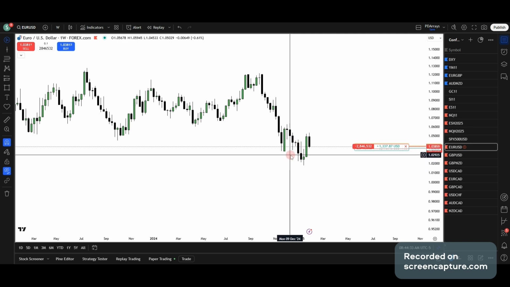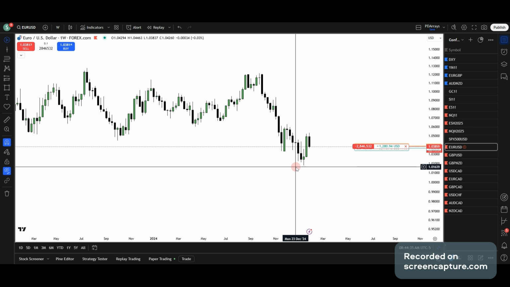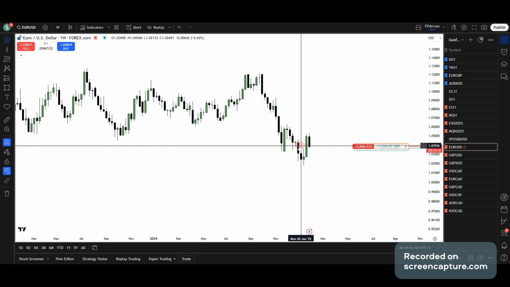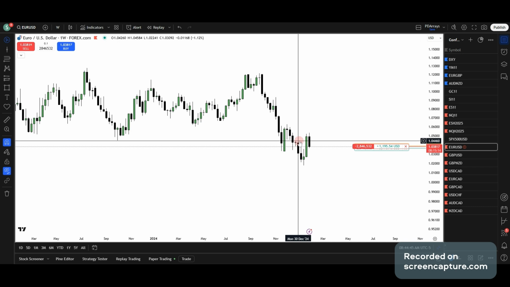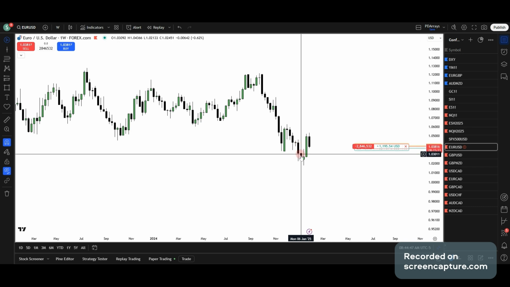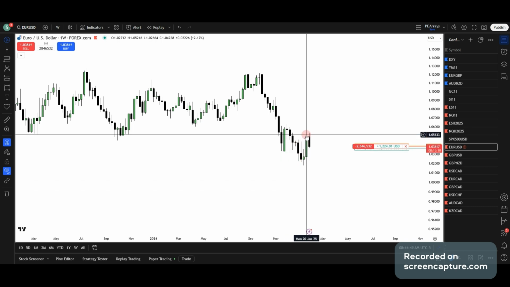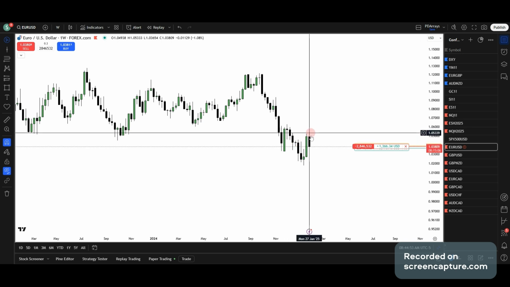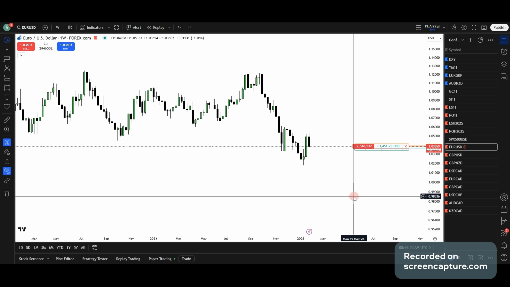This 3-candle formation has a short-term high, a higher high, and then a lower high, forming the short-term high right here. Price ran up above that short-term high. That's a market structure shift on a weekly basis.